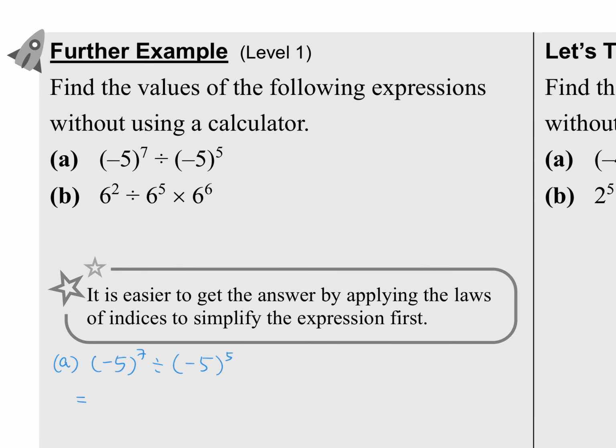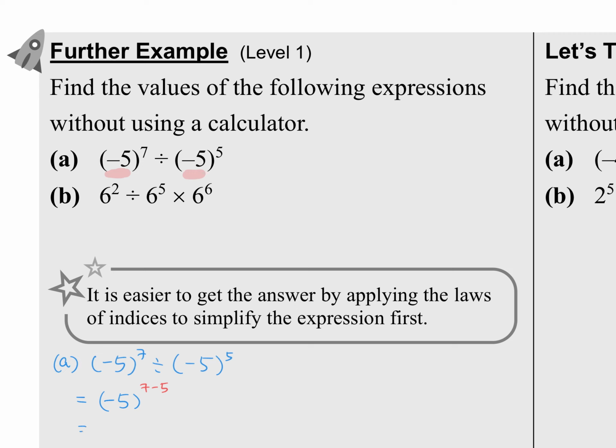Further example, part A. Let's see. First of all, in part A, we don't see any unknowns in the base, but we see negative 5 as the base. And now it is undergoing the division. The first index is larger than the second index, so we have the same base, negative 5 in brackets. Don't forget the brackets. Without brackets it is a different meaning. Anyway, we have the subtraction, 7 minus 5.